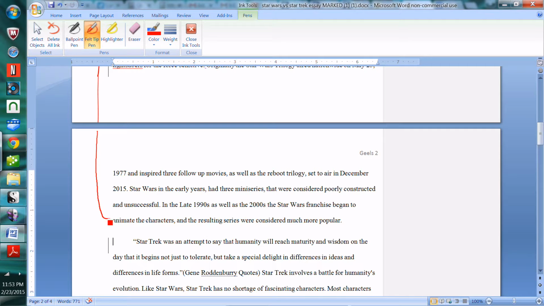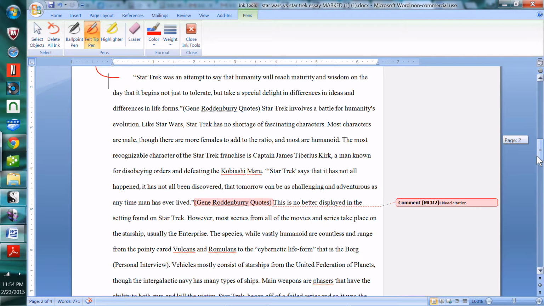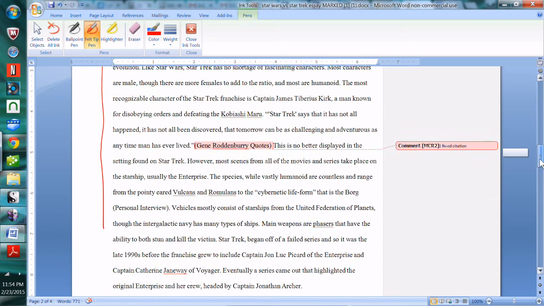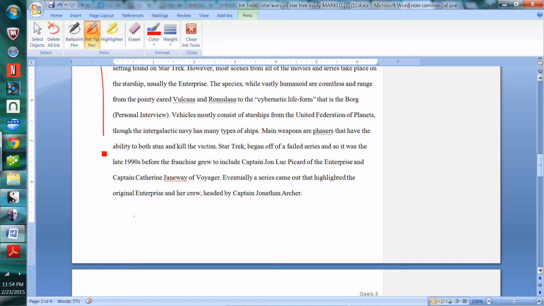Then we take this sentence and relate it to this sentence, and it goes on and on and on. And when you do this, it makes your paper have a flow to it and can be the difference between an A and B paper easily, because it makes the paper sound better and just flow better.